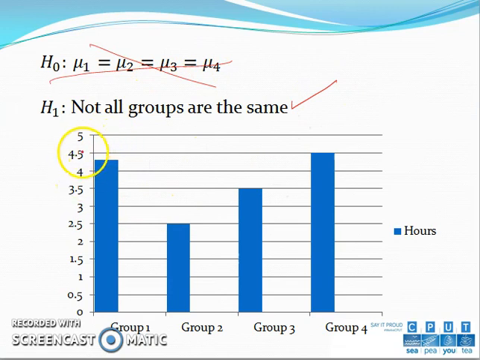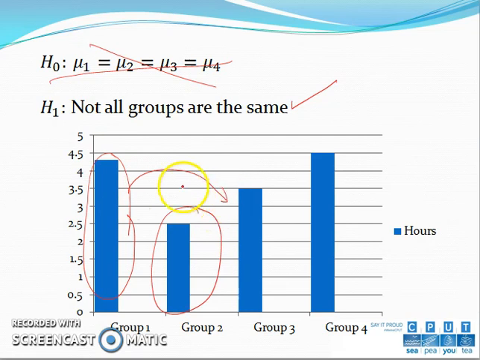What I'm going to use Tukey-Kramer for is to find out, is this group significantly different to that group? Or is this group significantly different to that group? And then I'll continue by starting with group 2 and saying, is this group significantly different to that group? And then finally, are these 2 groups significantly different or not?